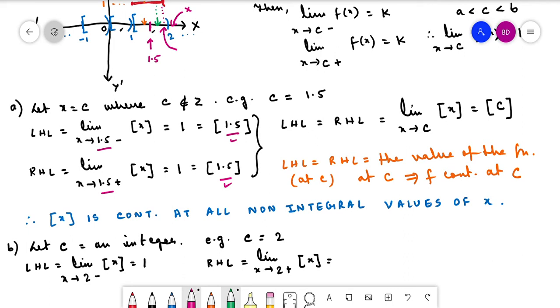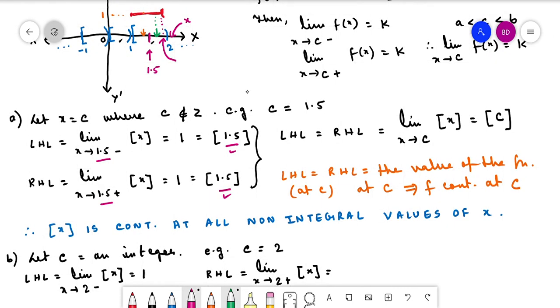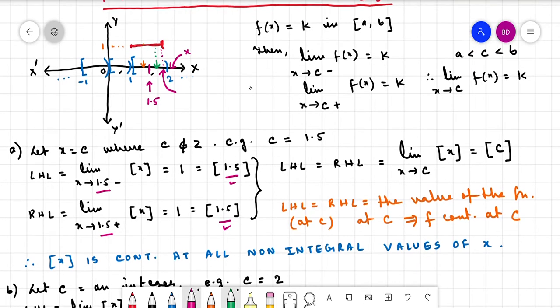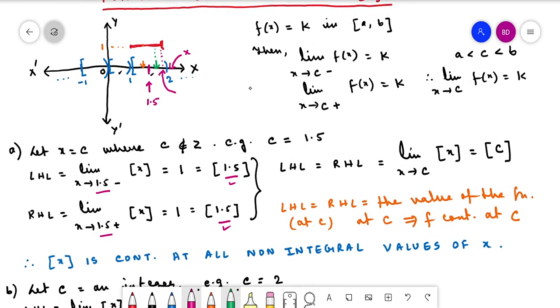As soon as you go to the right of 2, something else happens. I haven't drawn that part in the graph, but you know that for the interval 2 to 3, the value of the function becomes 2.